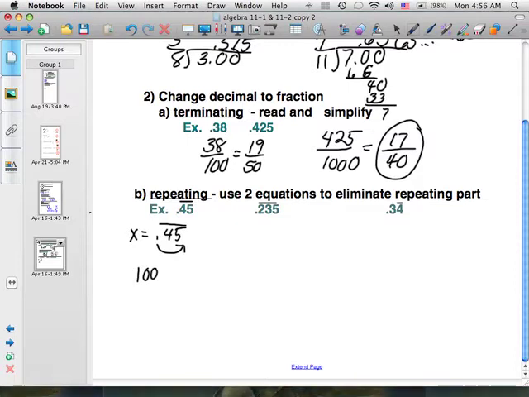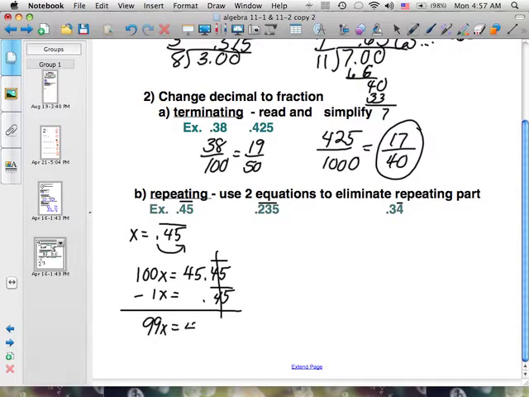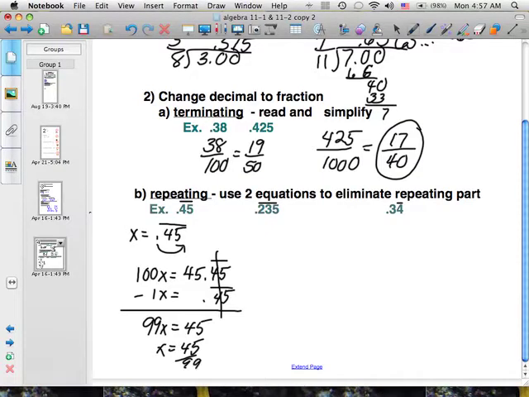So that'd be 2 places, that'd be 100x to move it over 2 equals 45.45 repeating. And from that we subtract the smaller equation. When we do that, it eliminates the repeating part, so I get 99x equals 45. Divide by 99, so our fraction is 45/99, or 5/11.